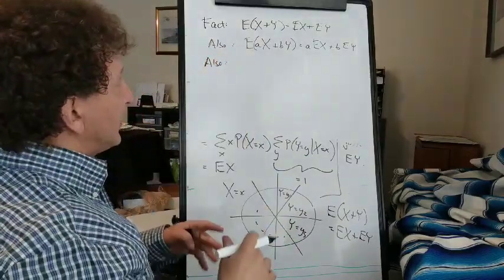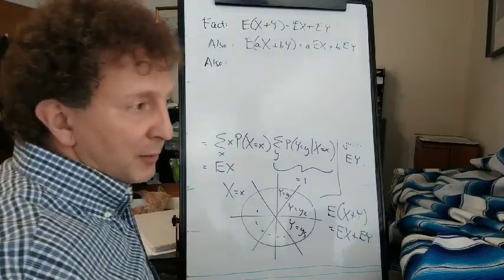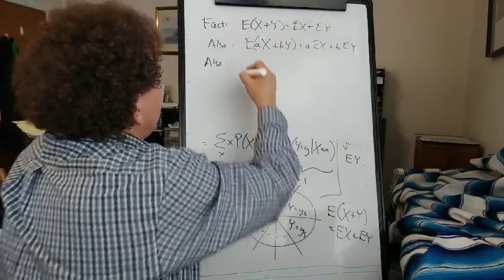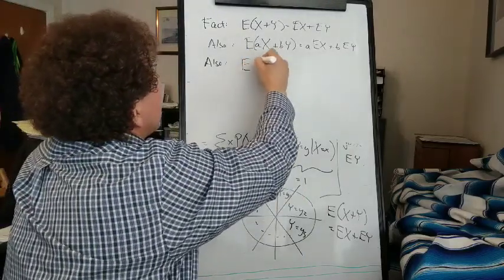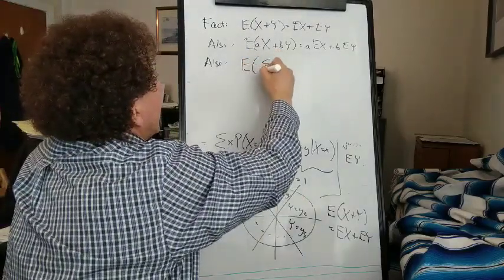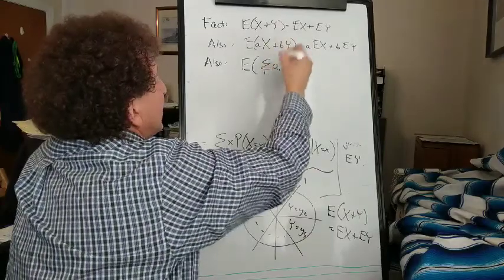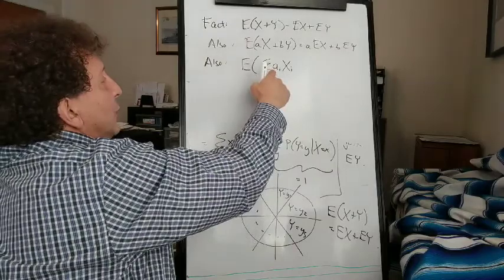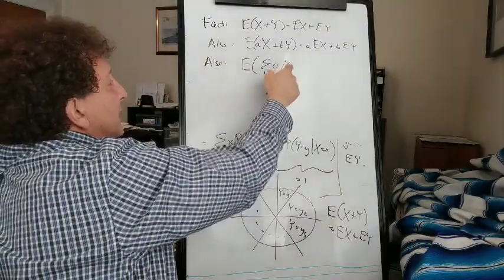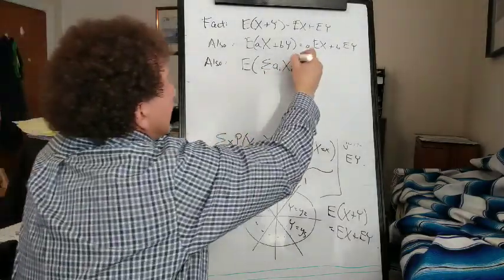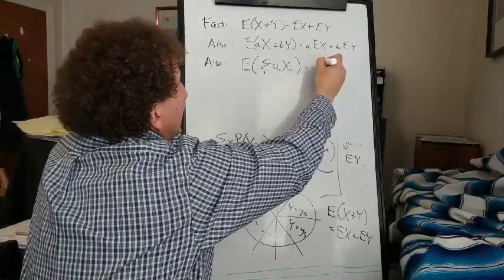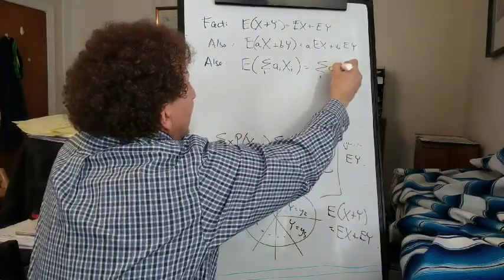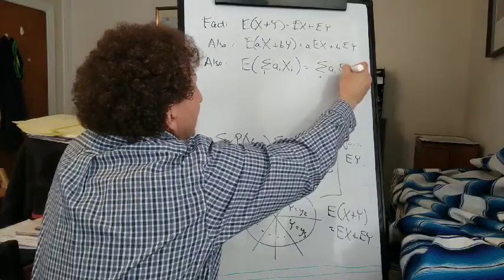And also you could write a sum of three random variables as a sum of two and a single random variable, and proceed by induction. So if we have some linear combination of random variables, say ai times the variable xi, then that turns out to be a sum of ai times the expected value of the ith random variable.